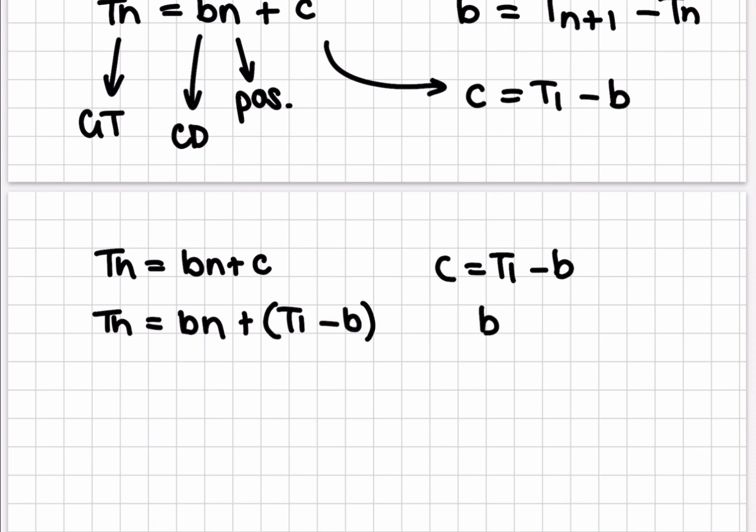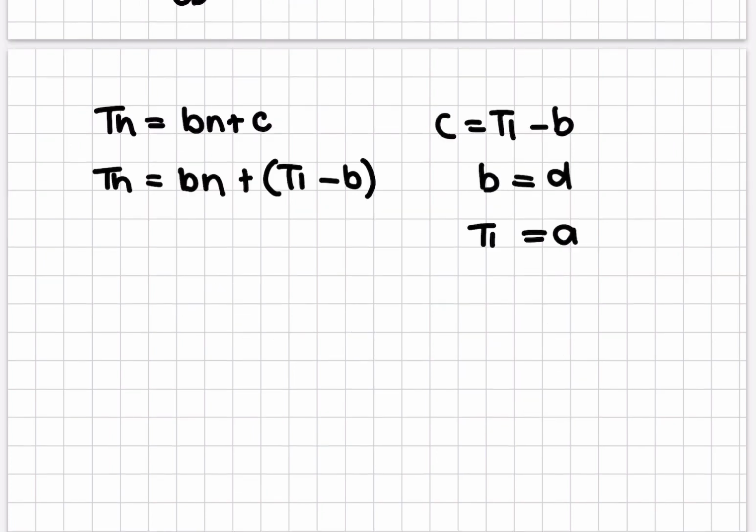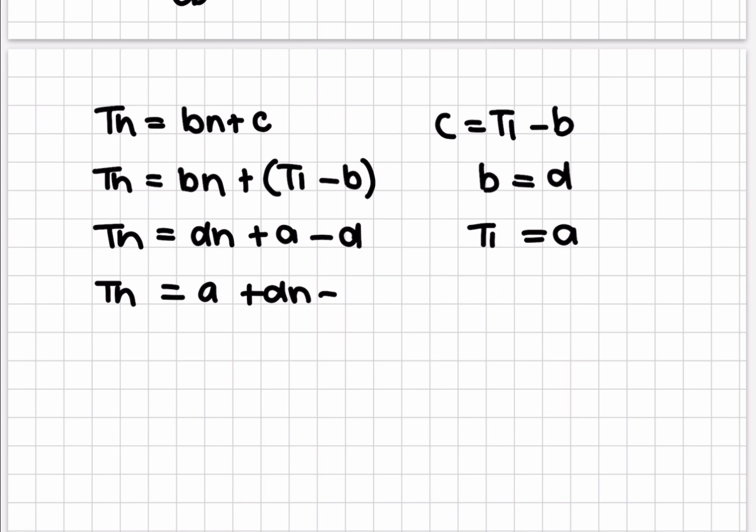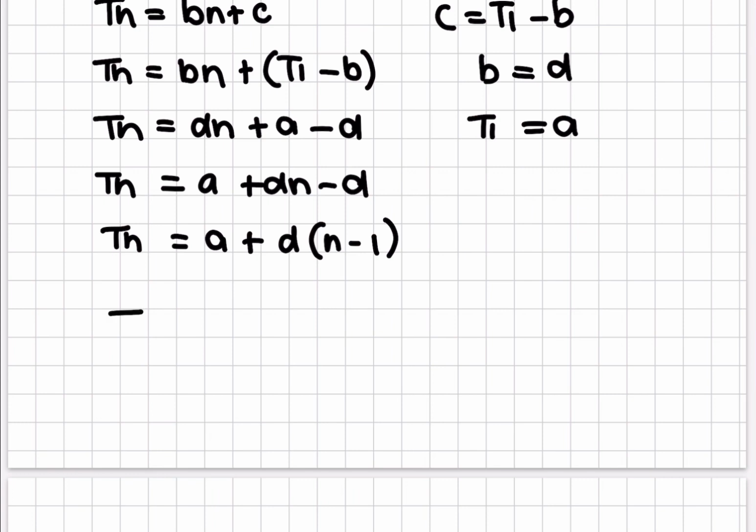Now I'm going to make b equal to d, and the first term equal to a. So tn is equal to dn plus a minus d. I'm going to rearrange this to make it look a bit better, dn minus d plus a, and I'm going to factorize out a d, and I end up with that, and that is the same thing as this.